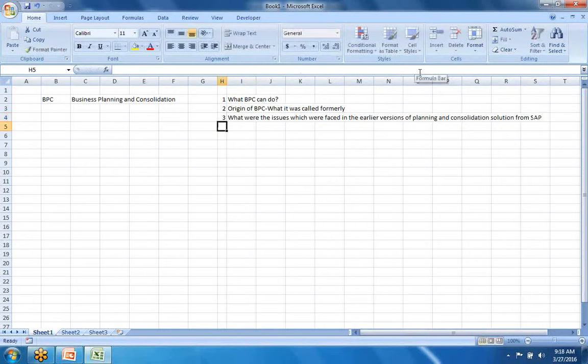And how this BPC is positioned to the business as a planning and consolidation solution.